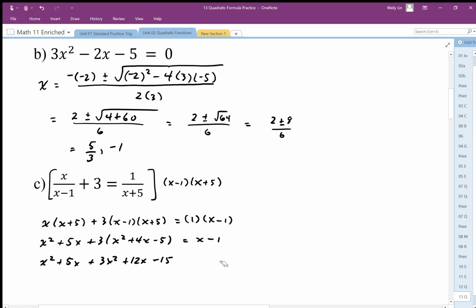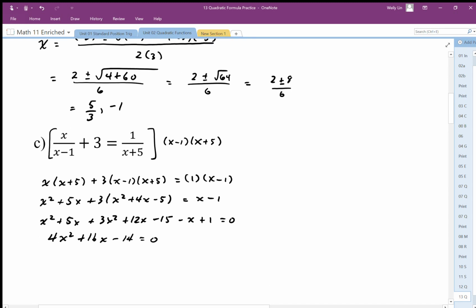Okay, actually I'm going to move this over, so I'm going to make this negative x plus 1. Okay, then combining like terms, I end up with 4x squared. Combine all our x terms. We end up with 17 minus 1, so plus 16x. Okay, our constant terms are going to add up to negative 14, and that's equal to 0.